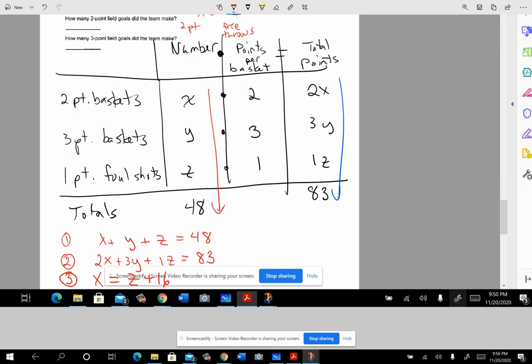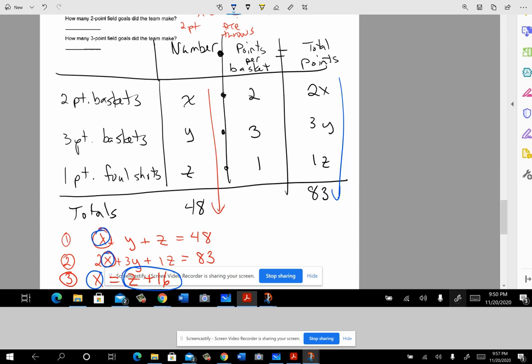One of the things you could do would be to replace these X's in these other 2 equations by Z plus 16.